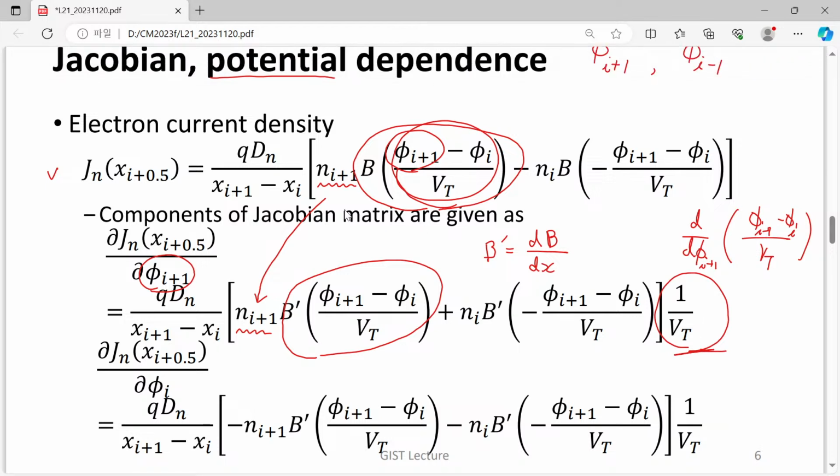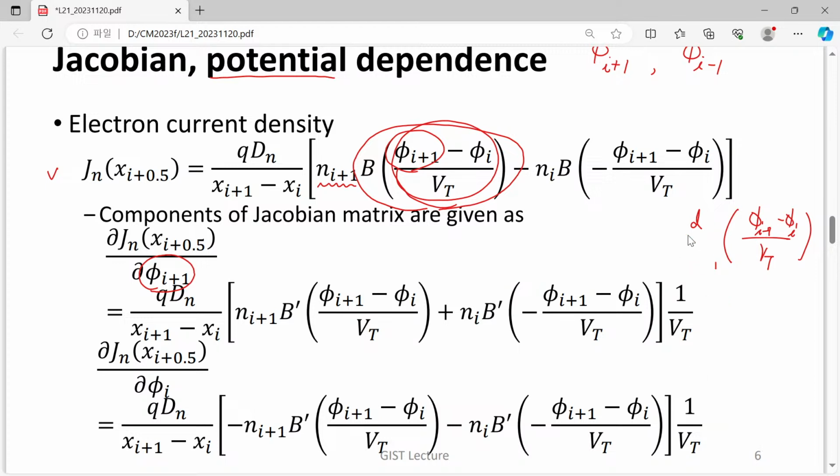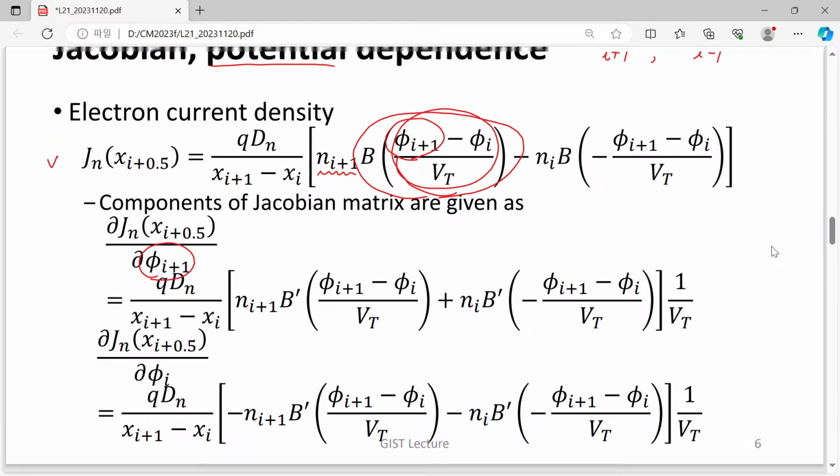So anyway, once we adopt this notation B prime, then life becomes quite easier. So please try to implement both the Bernoulli function and its derivative, so you can easily understand.